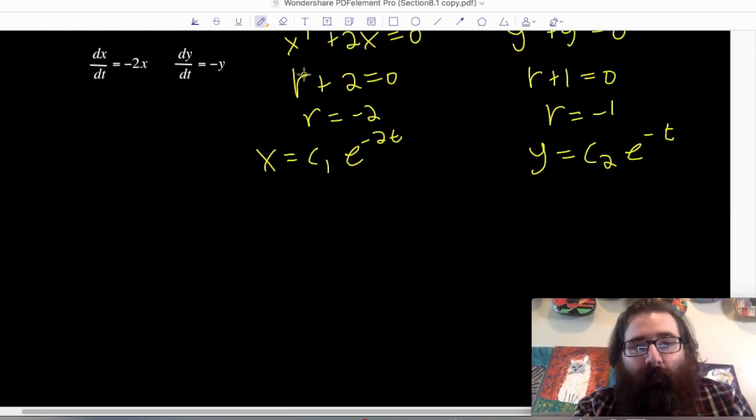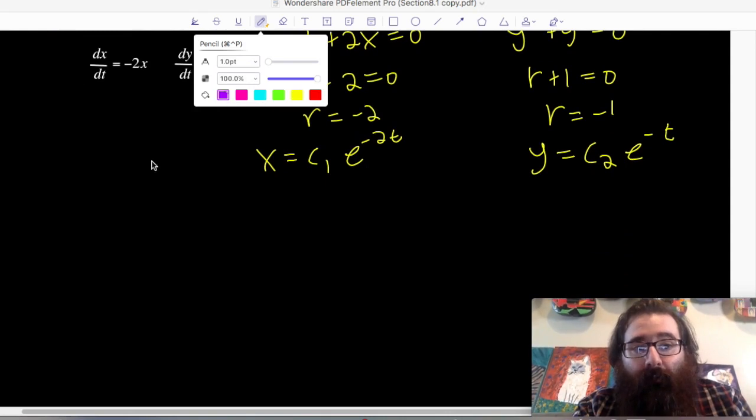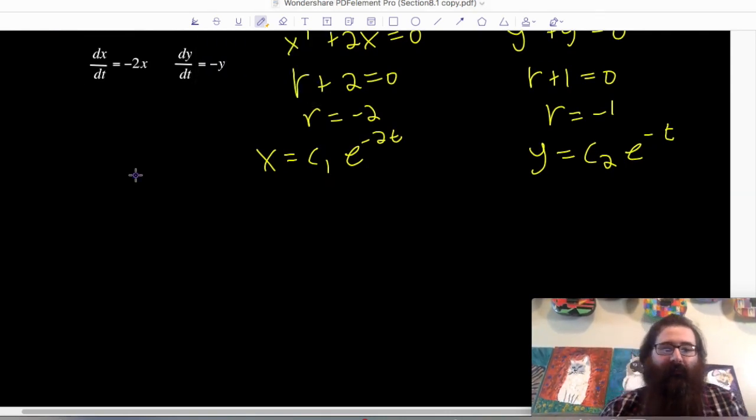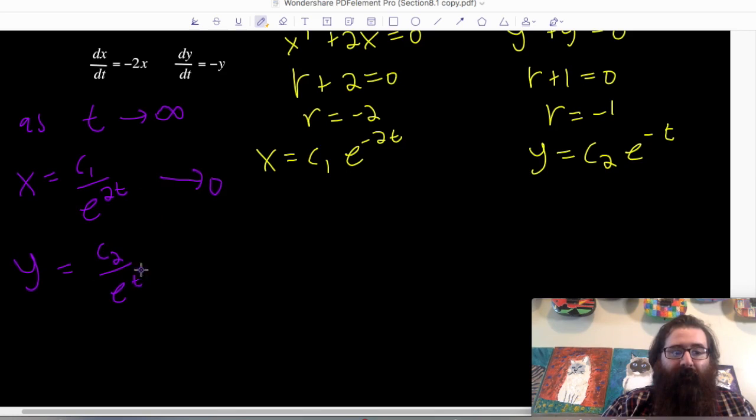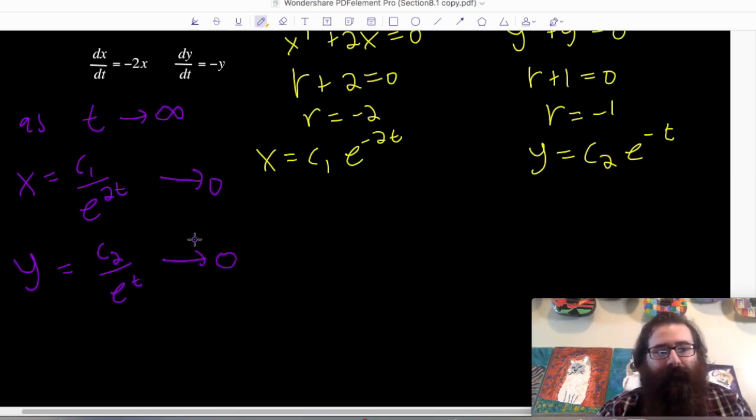Now with each of these, we want to think about the behavior. Is this going to be stable? Is it going to be unstable? Well, think about rewriting this. As t heads to infinity, x is c sub 1 divided by e to the 2t, and that's going to head to 0. And y, which is just c sub 2 divided by e to the t, would also head to 0 as t increases.